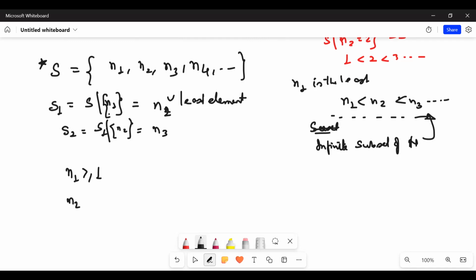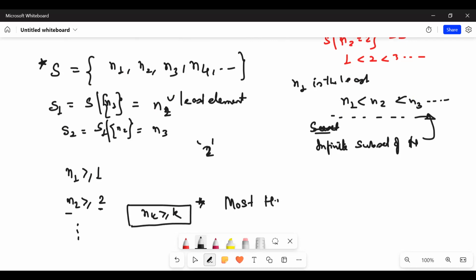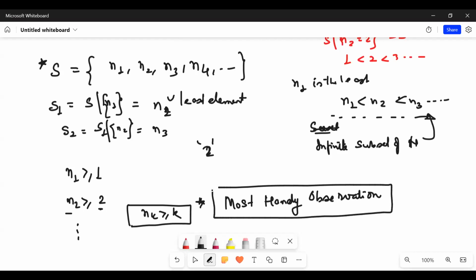Now if I take this 1 out, the least element that remains is 2. If 2 is contained in that subset, 2 would be taken out. If 2 is not contained, this n2 would still be greater than or equal to 2. By observation, you can always write that nk is greater than or equal to k. This is one of the most handy observations that you should keep in mind.